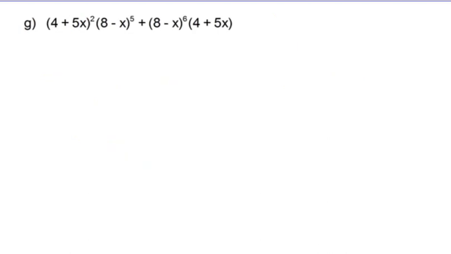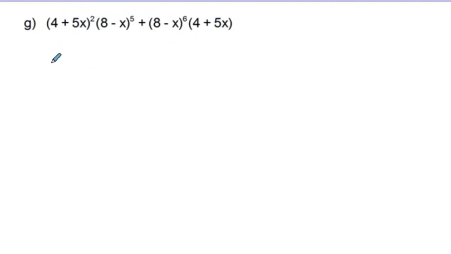Okay, next we have this one here. We have expressions of 4 plus 5x and 8 minus x in both terms. And so the greatest common factor is going to be the lowest power. Well, we have 4 plus 5x squared and then just 4 plus 5x.